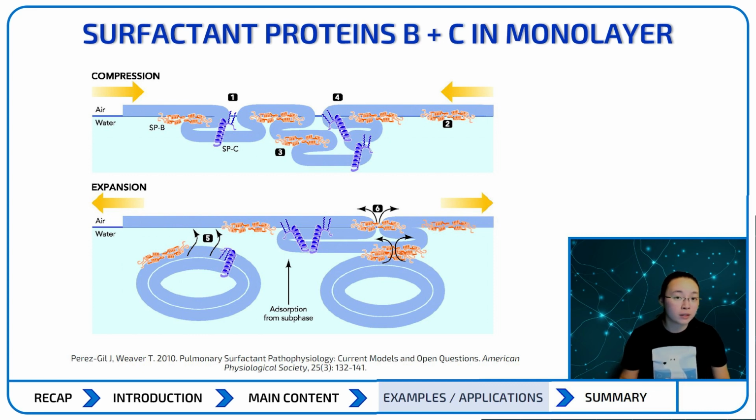So just understand what the different surfactant proteins do and a general description of why your lung surfactant is capable of expanding and contracting. So the main reason for it to be able to reduce surface tension is because it allows for multi-layer formation upon exhalation.